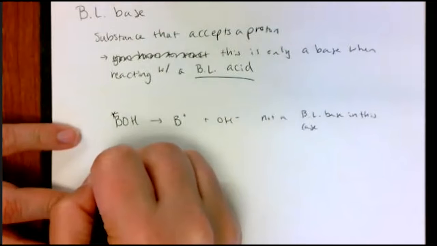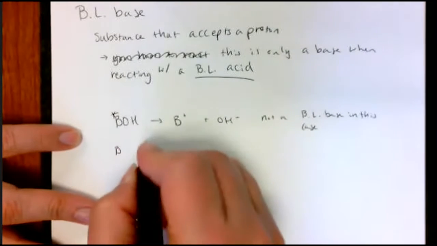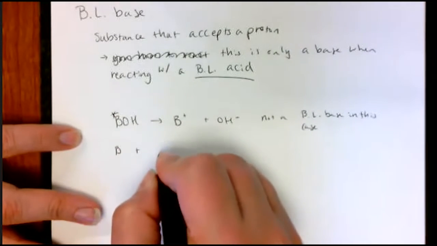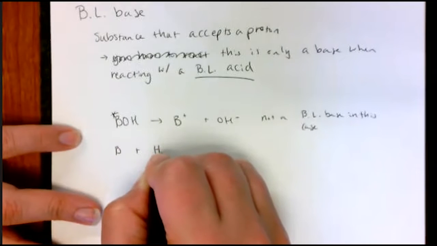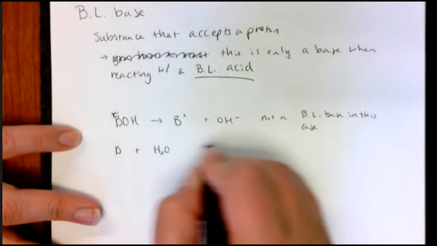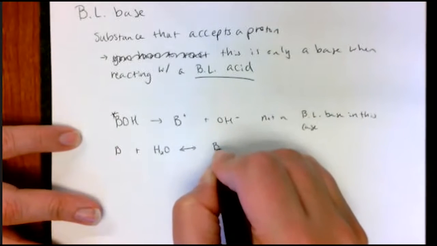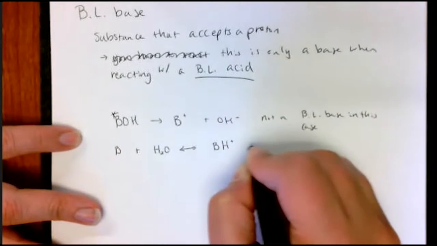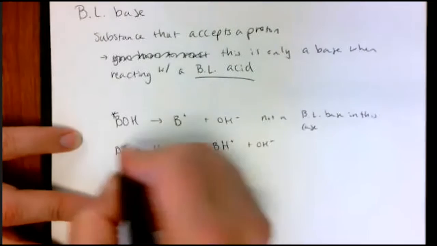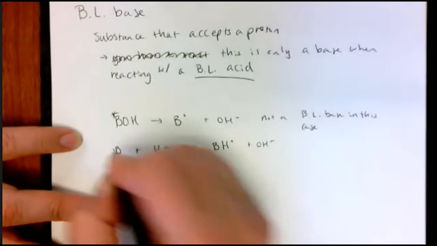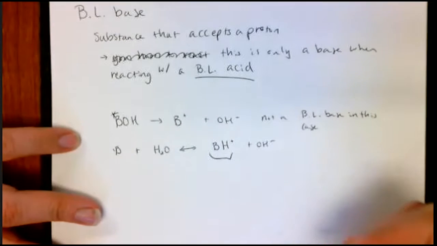But if we have just B plus water, we would produce BH plus and OH minus. So it has accepted a proton, so this would be a Bronsted-Lowry base.